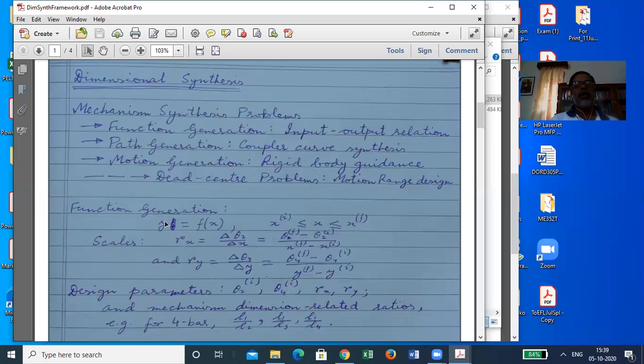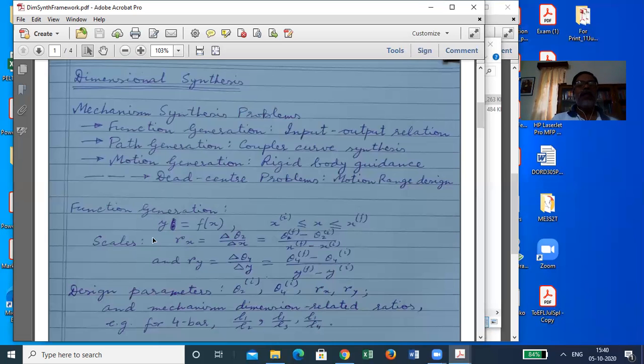So suppose we want to generate a function y equal to f(x) from this initial value to this final value. Okay. So for this value of x, there is a value of y. For this value of x, there is another y. So call them y initial and y final.